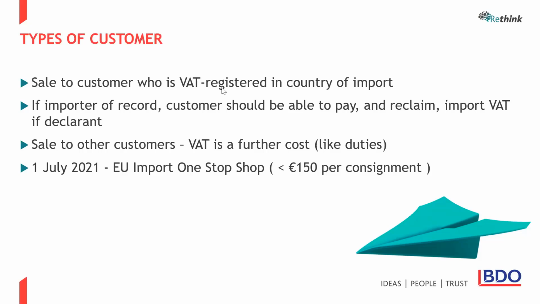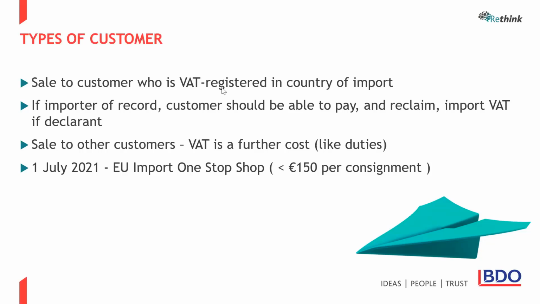So that's not all retail sales. It'll be some of them, but they would have an option then to register and pay through this import one-stop shop their import VAT on all these supplies.